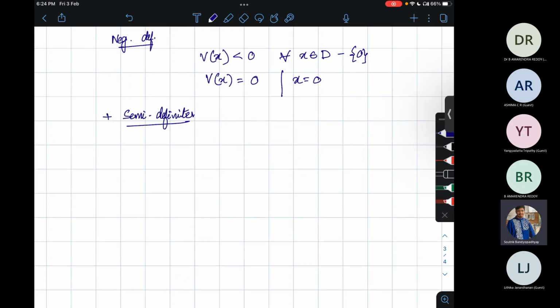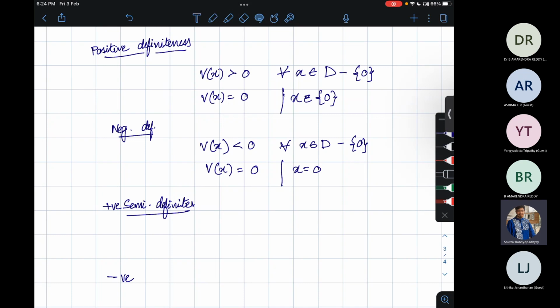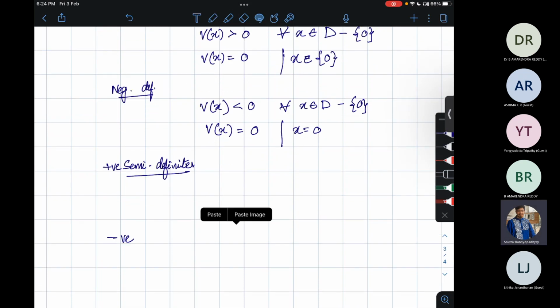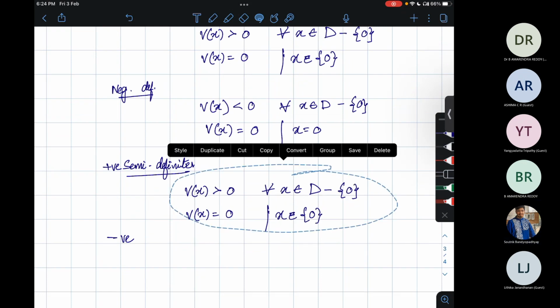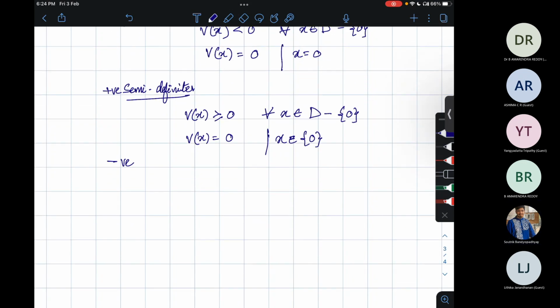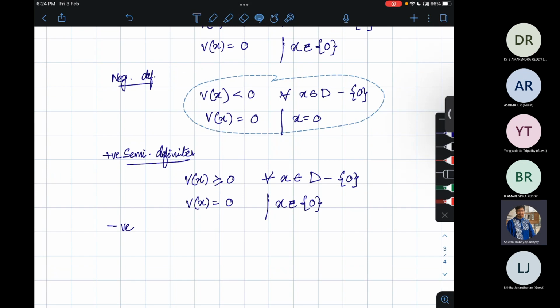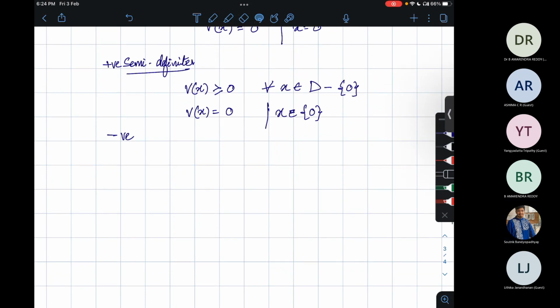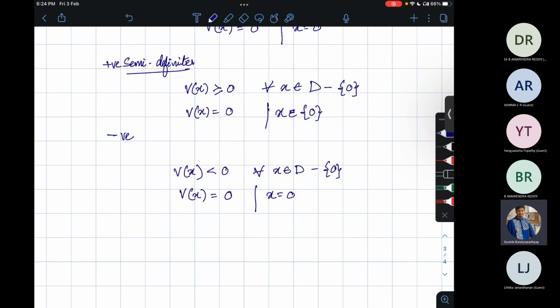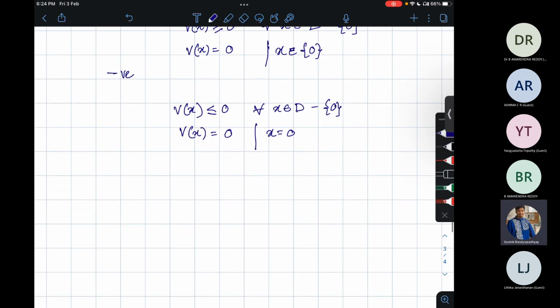One is positive semi-definite and one is negative semi-definite. Positive semi-definite is the same thing, I just copy and paste this over here, but this can be equal to 0. And negative semi-definiteness is the same thing when this is equal to 0.